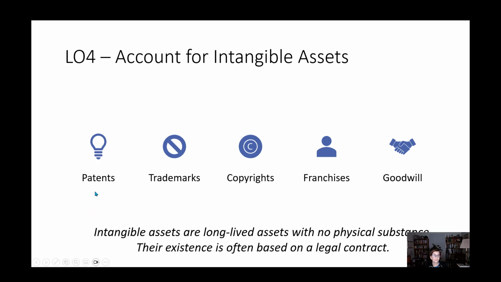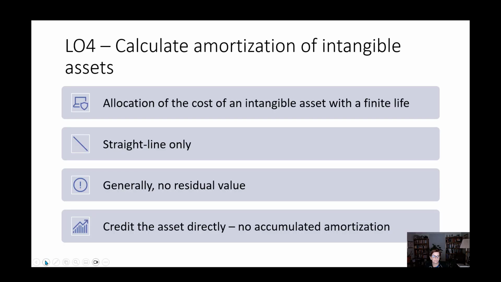But a patent is good for 20 years. A trademark, on the other hand, is good forever, right? So, for example, imagine the Apple trademark, right? Picture of an apple with a little bite taken out of it, or the golden arches for McDonald's, those are trademarks. Those last forever, so they're not amortized.